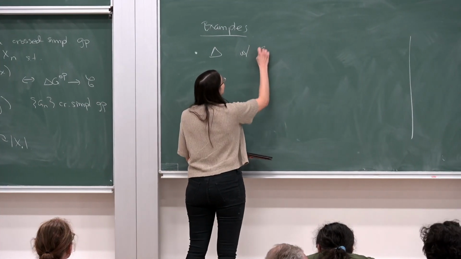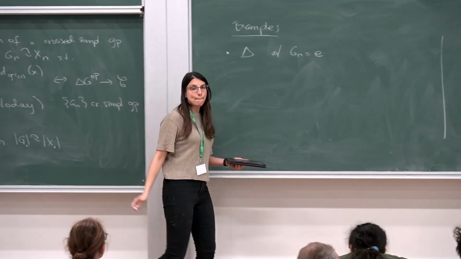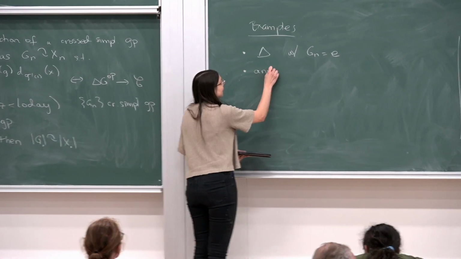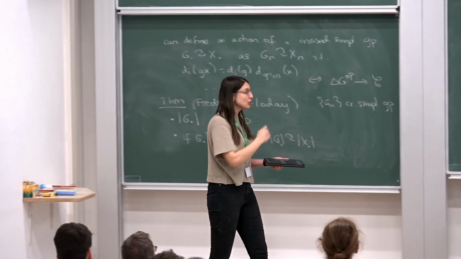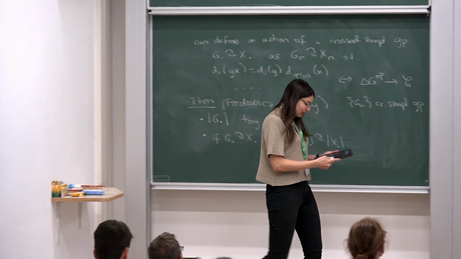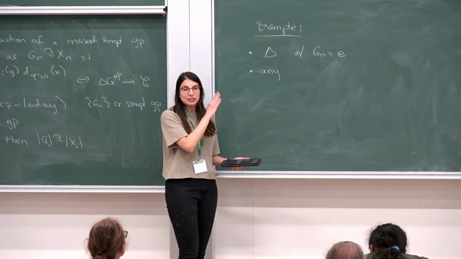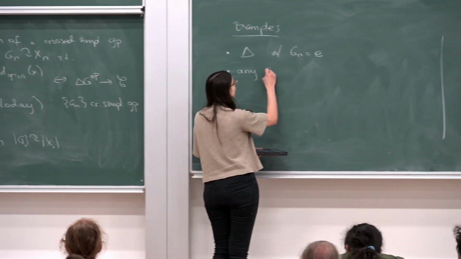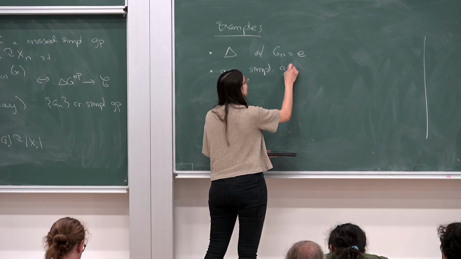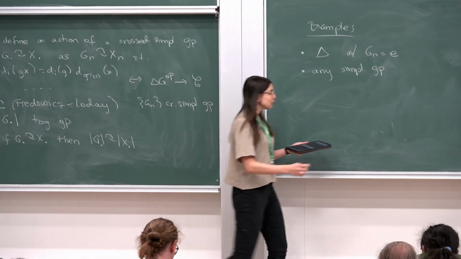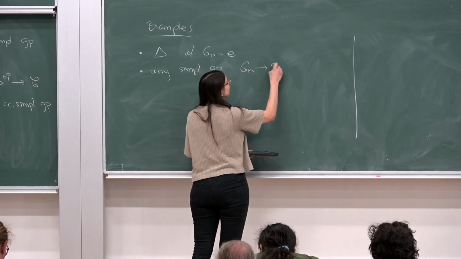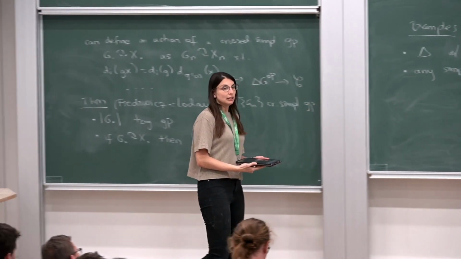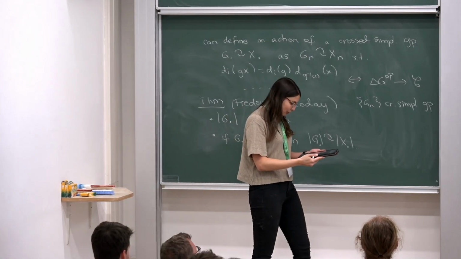Here the G_n are all trivial. Another one of the obvious examples that are not new in any way is any simplicial group. If I have a simplicial group, then I can just think about these actions being trivial. And so that's another example of a cross-simplicial group.